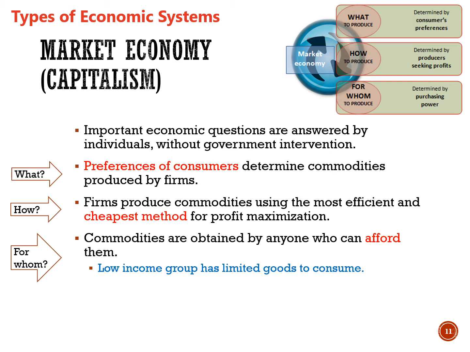Then firms decide the method to produce the commodities by using the most efficient and cheapest method in order to maximize profit. However, only the individuals who have money to buy can enjoy the commodities produced. The low-income group has limited access to the commodities produced.